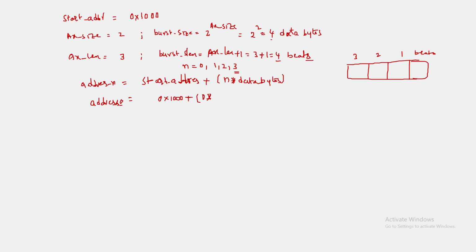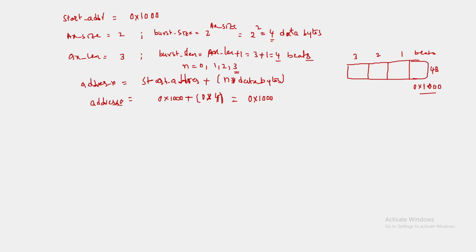What is the data bytes value? 4. Then we will get 0x1000. In beat 0 you are transferring 4 bytes of data, and the start address is 0x1000.